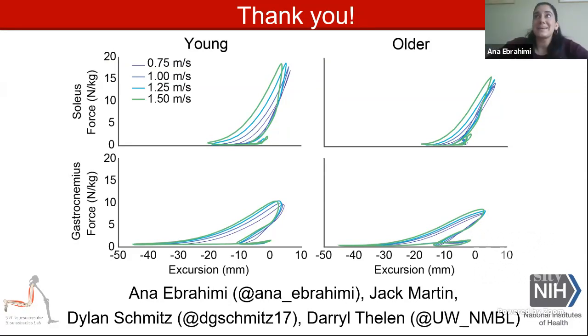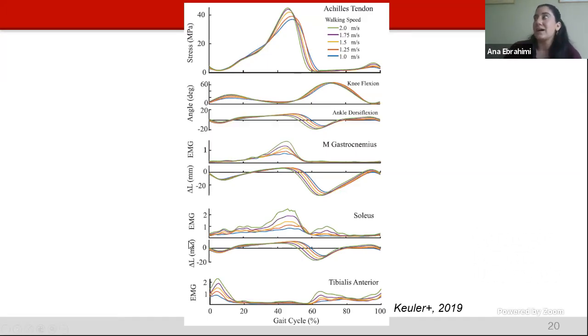That's certainly something I've thought about, and I think potentially we could model. I was thinking about this especially because this is a paper that was published by Emily Keeler, another member of our group, and I was looking at the EMG, so the gastrocnemius and soleus EMG timing.